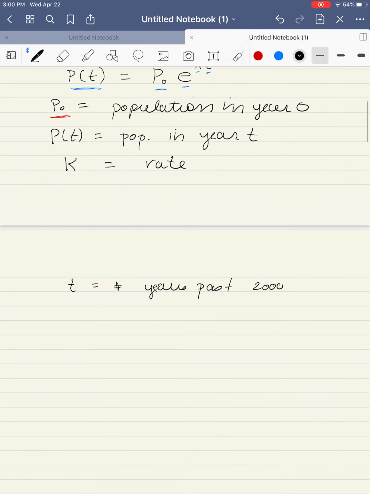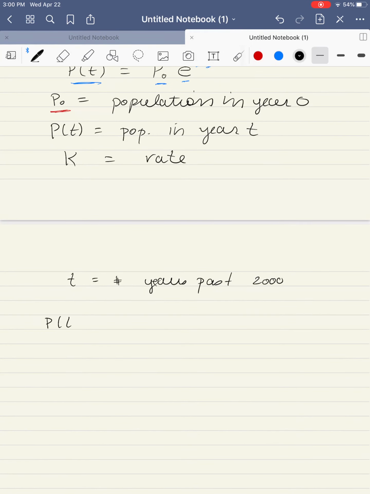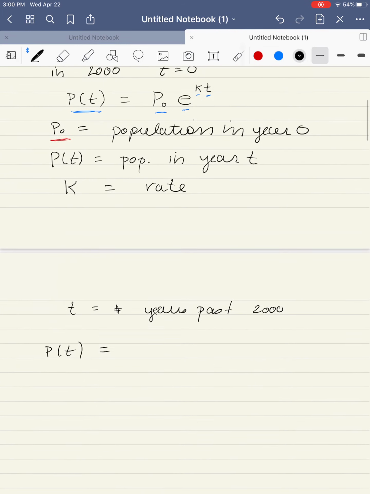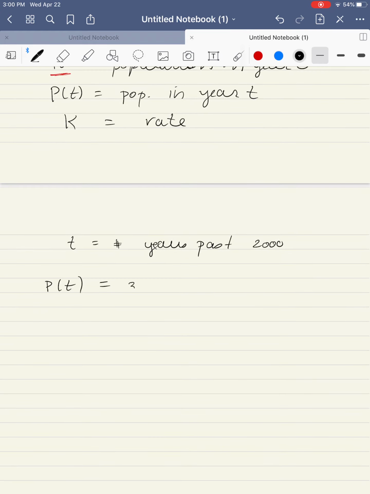So that tells me P sub 0 is 3,178. So we have our first piece of our function. P of t equals P sub 0, which in this problem is 3178, e to the kt.